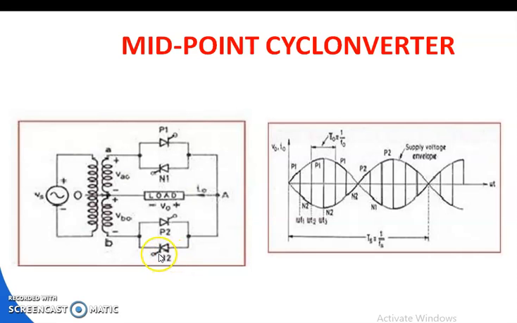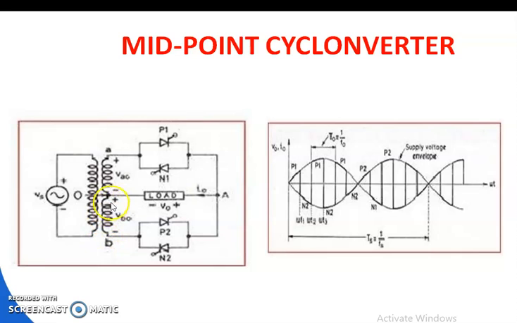During N2 conduction, the path of the current will be the lower half of the secondary winding, load, N2, lower half of the secondary winding of the transformer. In this way, the current circulates throughout the bridge circuit by receiving the supply from the secondary winding. Due to the transformer action, whenever the primary winding gives some supply voltage, some EMF is induced in the secondary winding of the transformer.